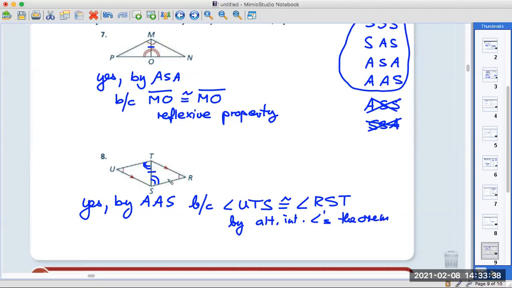Yeah, alternate interior angles are equal if the lines are parallel. And we also have to mention TS is congruent to itself, reflexive property. And that kind of clinches the deal that we can say angle, angle, side, angle, angle, side. The two triangles must be congruent.